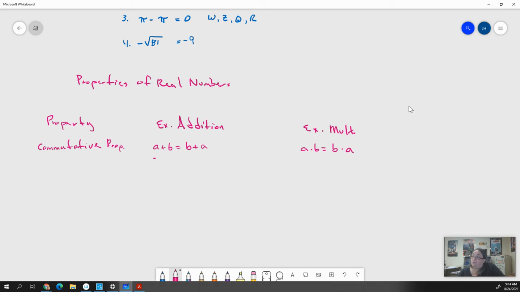If I made A 3 and B 2, 3 plus 2 and 2 plus 3 are both going to equal 5. Same here if I made A 3 and B 2. 3 times 2 is 6 and 2 times 3 is 6. So you can see how that works, right? It just means it works in any order. Commutative deals with order. The associative property deals with groupings.